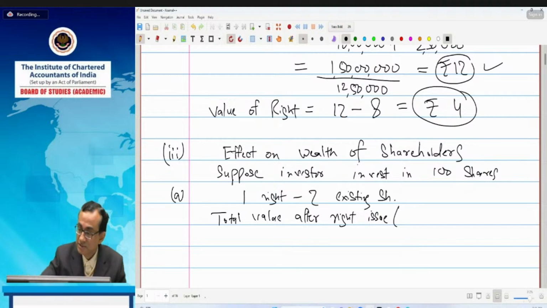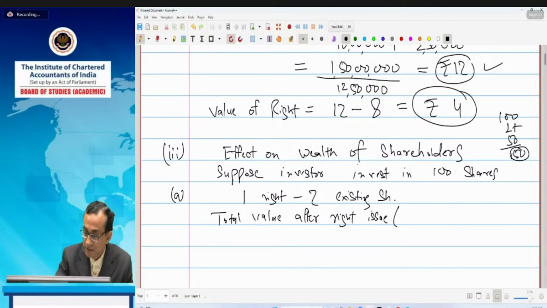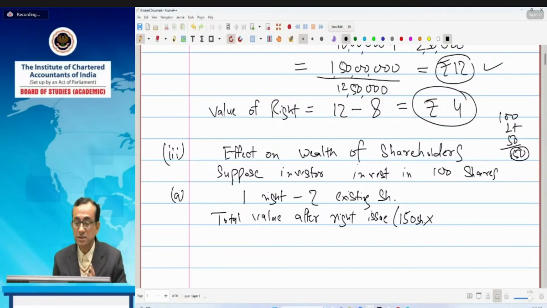Previously it was 100, and because one right share is issued for two existing equity shares, for 100 shares, 50 shares will be issued. So now his total shares will be 100 plus 50, 150. So the total value after right issue will be 150 shares multiplied by the ex-right price.